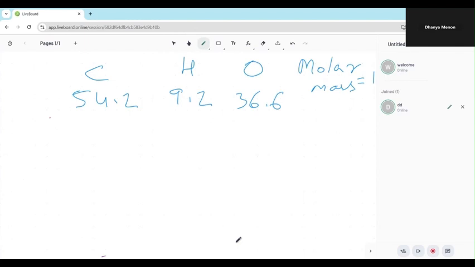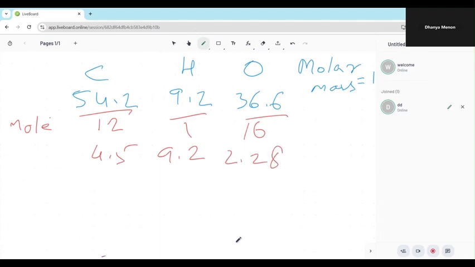Now what is the first step? You find the number of moles by dividing by the mass. Carbon is 12, hydrogen is 1, oxygen is 16. It's mentioned in the question, you would have seen, right? So this comes to 4.5, this comes to 9.2, and this comes to 2.28. Then what's the next step?